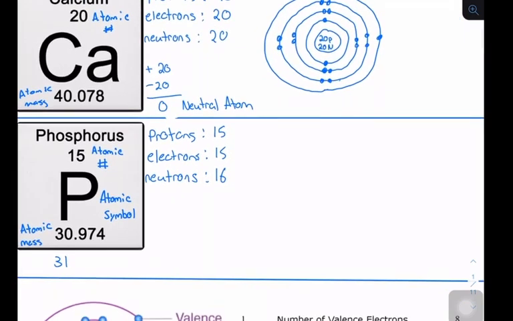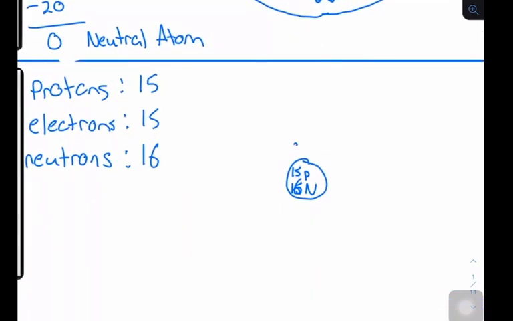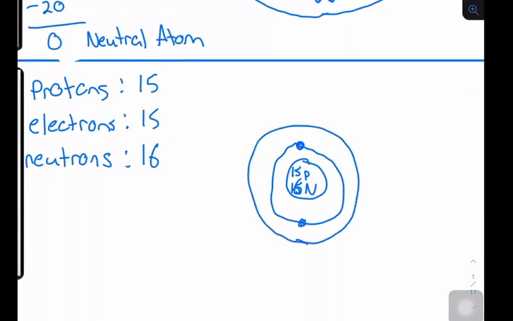So to draw this, it's going to be a little easier to draw than calcium. I have my circle for my nucleus, 15p, 16n. First level has 2. Yikes, that was an awful circle. Second level has 8.